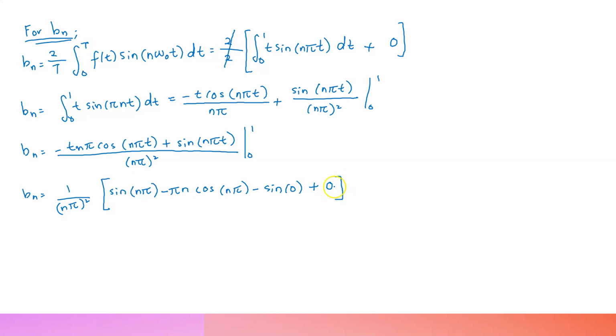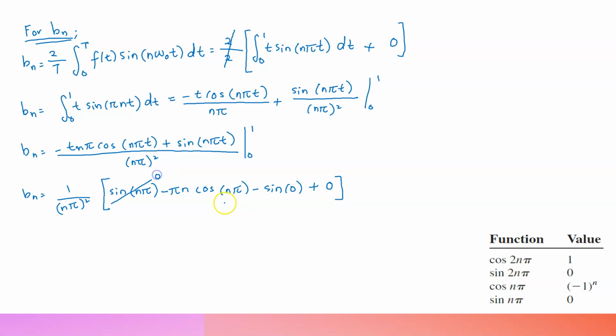Right, so again, when you arrive here, you refer to the table. So sine n pi is 0, so this part will become 0. Cos n pi will be minus 1 to the power of n. Sine of 0 is 0.